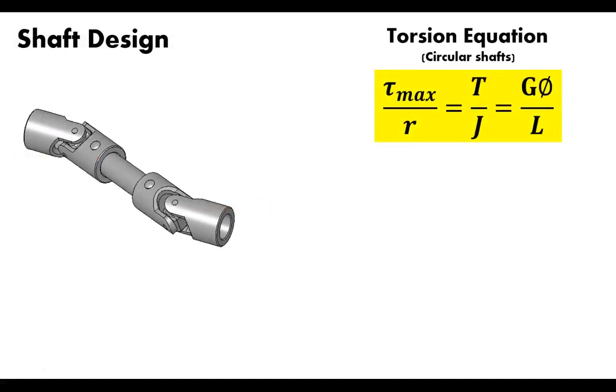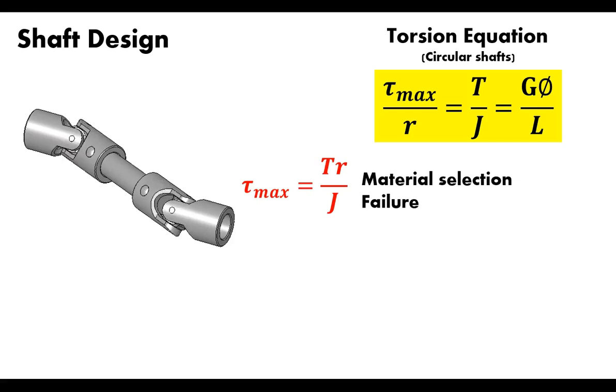So how do we get from that point of wondering how that drive shaft should be designed, what we have to take into account, and using this general torsion equation for circular shafts? Well, one thing we can gain from this is understanding how to select the material.